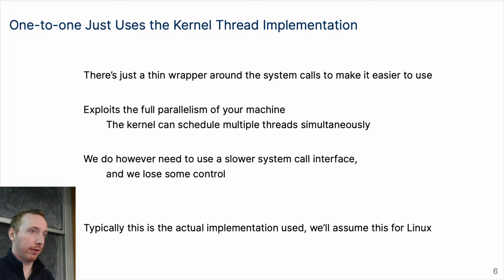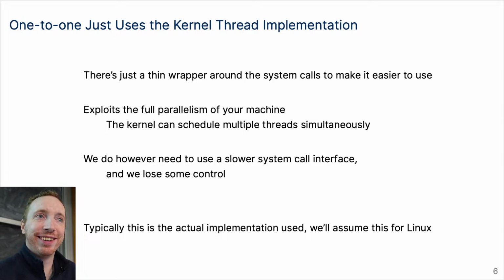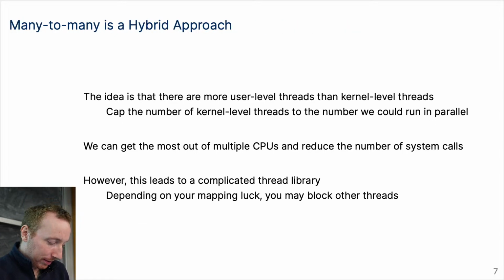Right. So that's the benefit of using kernel threads too. The kernel knows about it, and it's quite simple to write a threading library. While unfortunately in Lab 2 you get to do the hard mode version of it. Okay, so that's many-to-many.